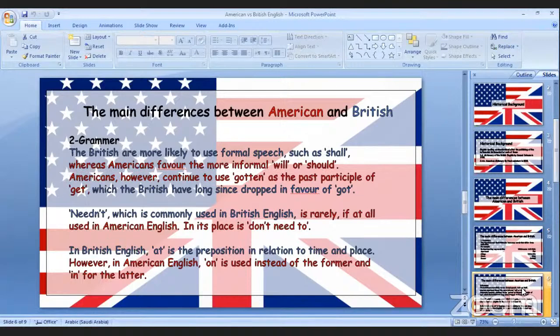Needn't, which is commonly used in British English, is rarely, if at all, used in American English, and it is replaced by don't need to. In British English, at is the preposition used in relation to time and place. However, in American English, on is used instead of the former and in for the latter.